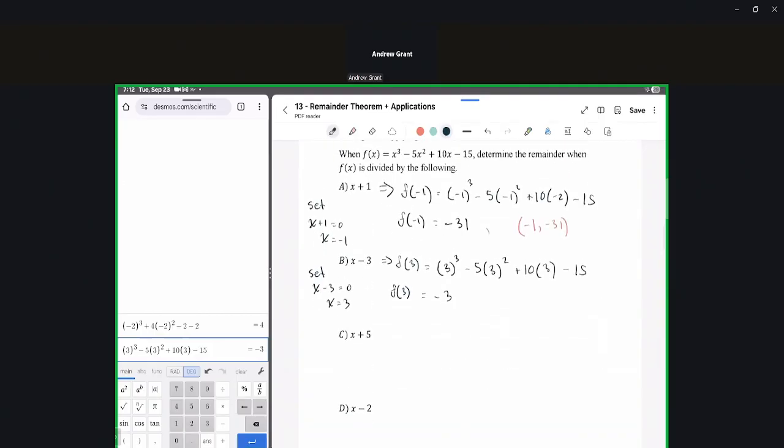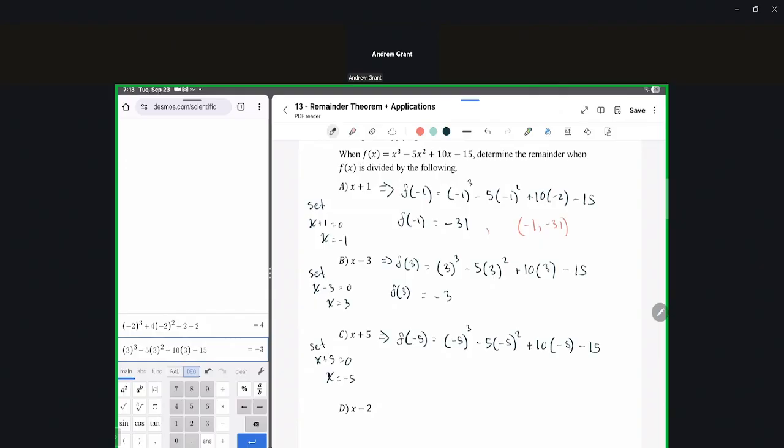Okay, what about x plus 5? Well, we're just going to set x plus 5 equal to 0. So we're going to test the value of -5. And so f of -5 will be equal to -5 to the power of 3 minus 5 times -5 to the power of 2 plus 10 times -5 minus 15.